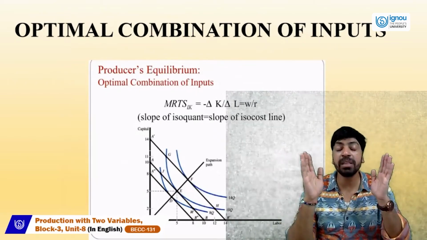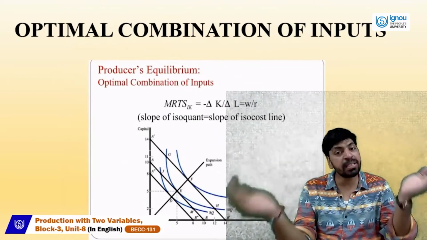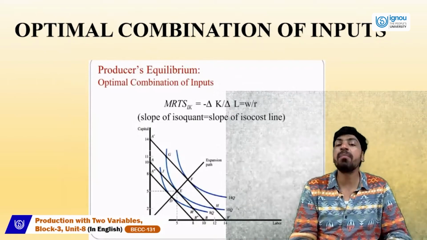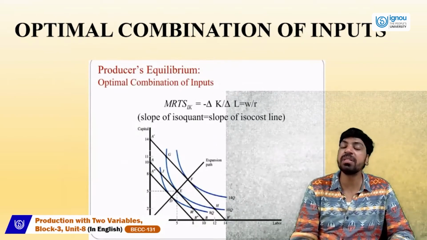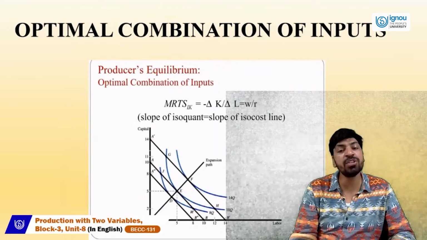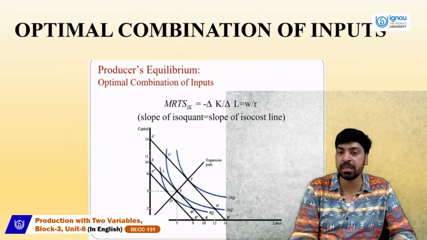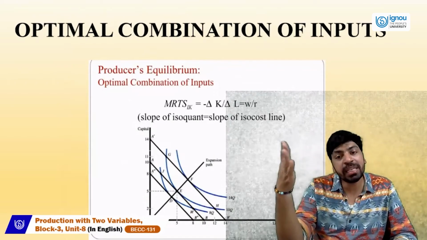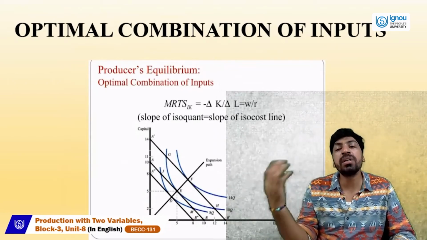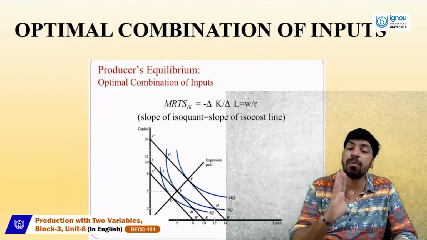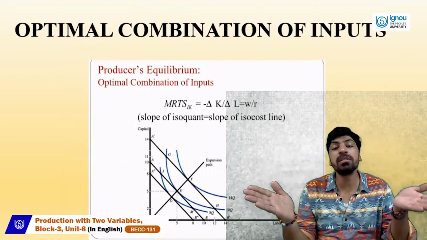When we talk about the long run, there is a major concept: the marginal rate of technical substitution, that is with respect to the combination of two inputs, labor and capital. So if there is any change in the capital, it automatically changes the units of labor. Even the slope is the same.